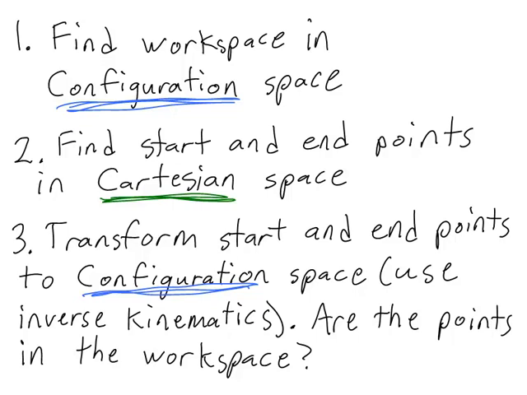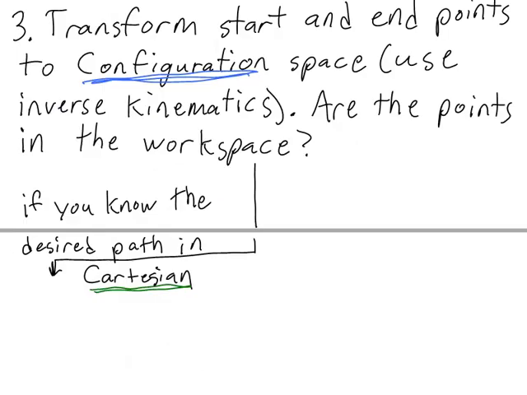If these points are within the workspace, we then have an option for which step we go to next. There are a couple of possibilities for what we're trying to do. One possibility is that at this point you know the desired path that you would like the end effector to take in the Cartesian frame.